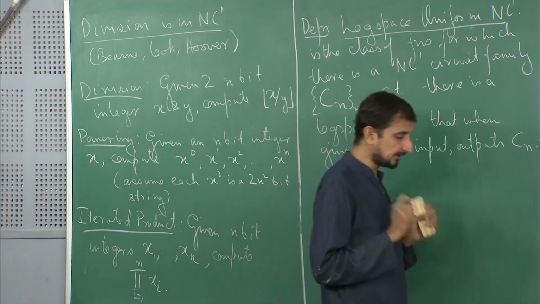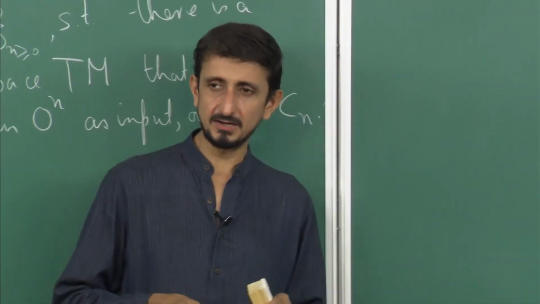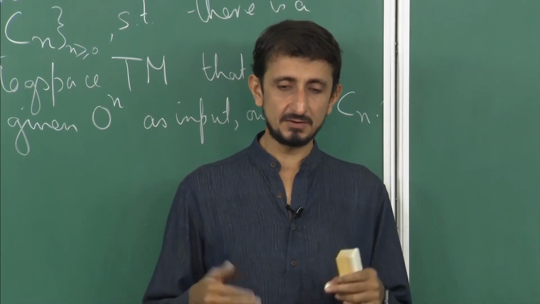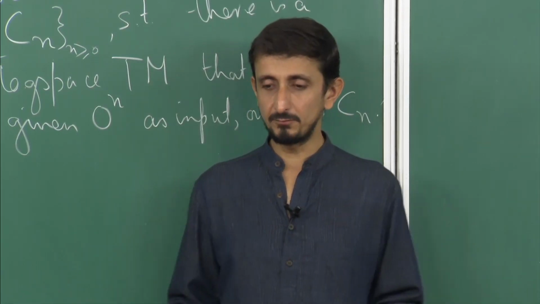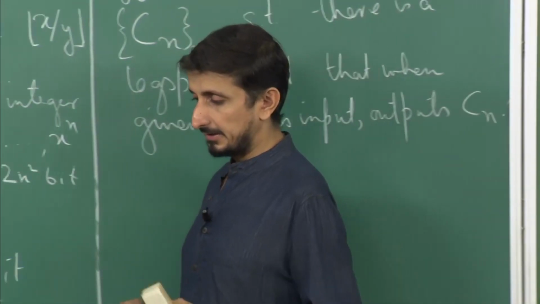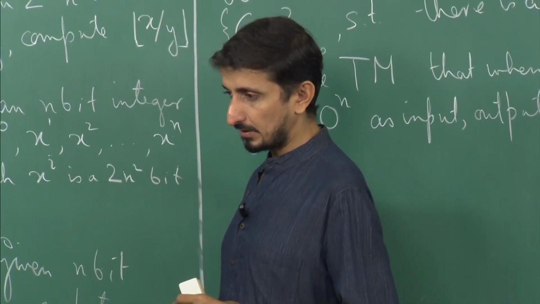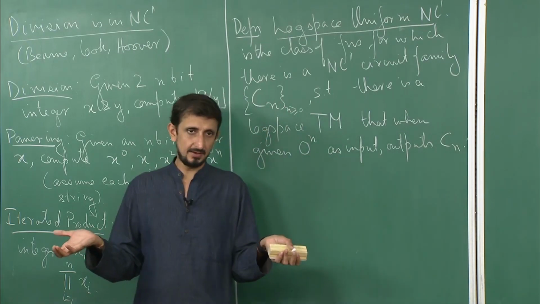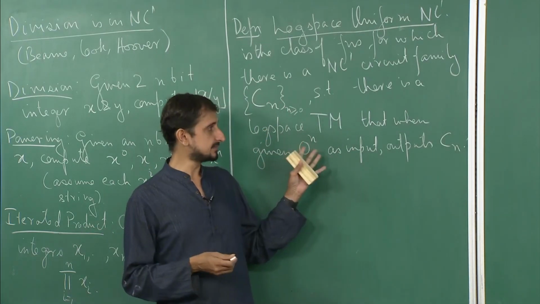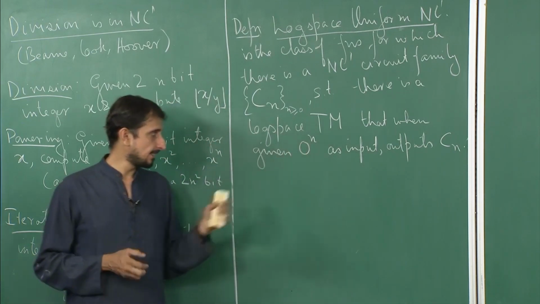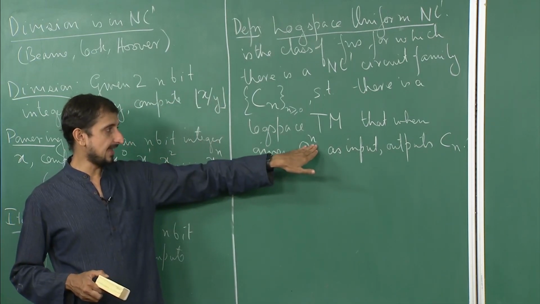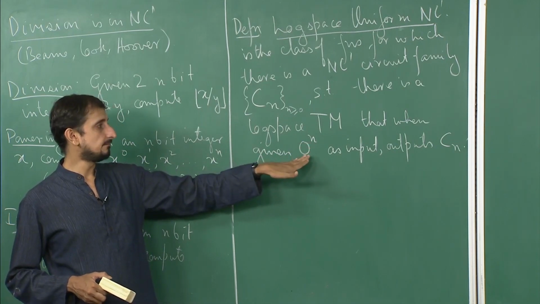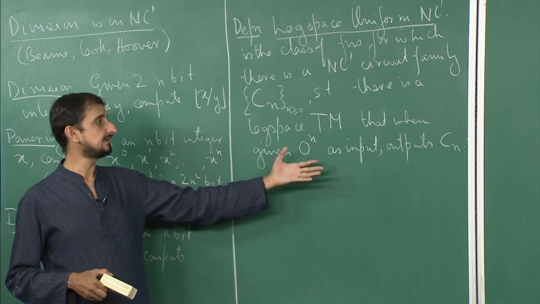Okay. And the important thing, which I had mentioned a couple of lectures back, and I want to mention again because we will be using this fact quite frequently: when I say log space Turing machine, given n in unary, of course, this Turing machine basically can compute anything.